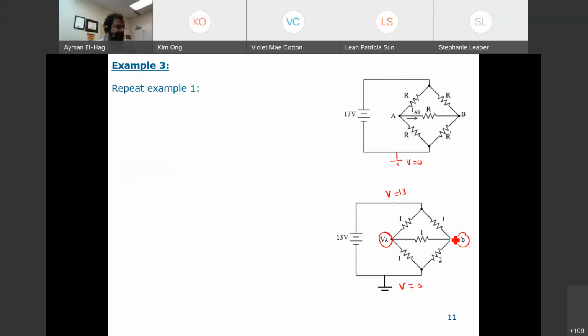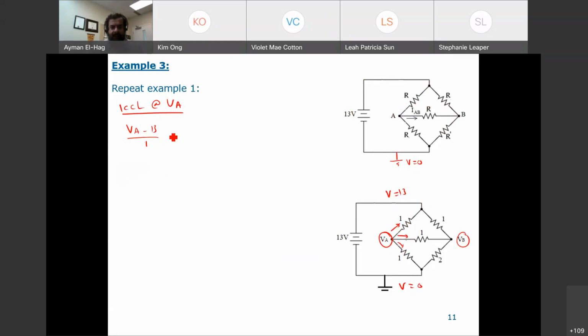Once I know VA and VB, I can find anything in the circuit. So let's apply KCL at VA. Assume all currents are leaving. So the current that goes up here is VA minus 13 divided by 1. Why 13? Because this is the voltage here. Current to the right, current to the bottom.